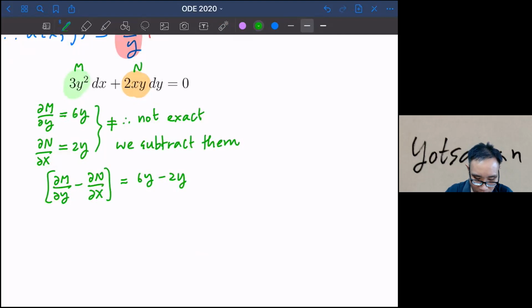So it's gonna turn out to be 6y minus 2y, and you would get 4y. This is gonna be dM/dy minus dN/dx.